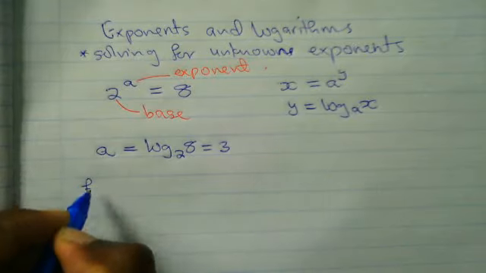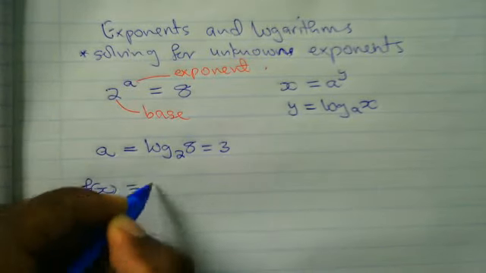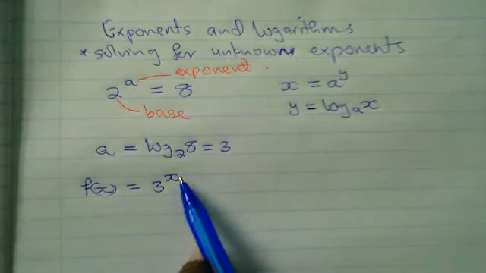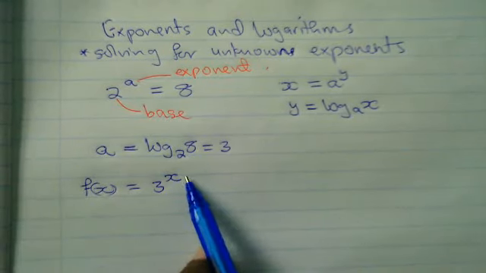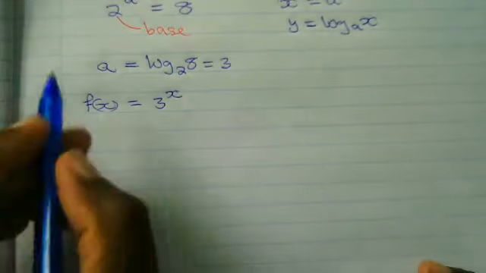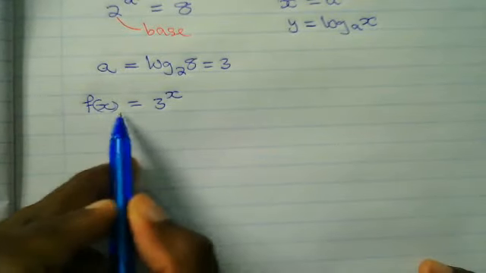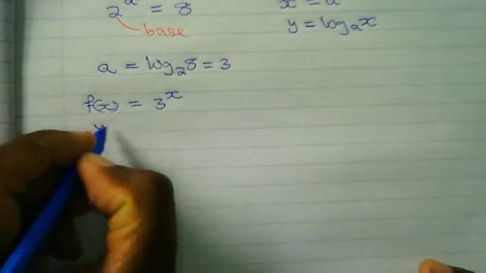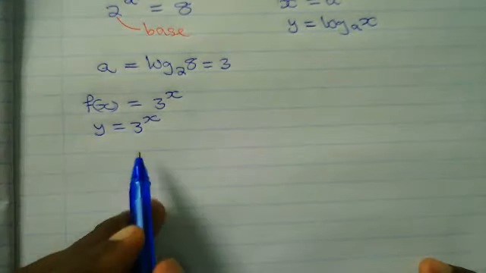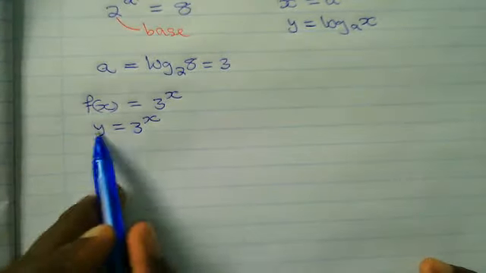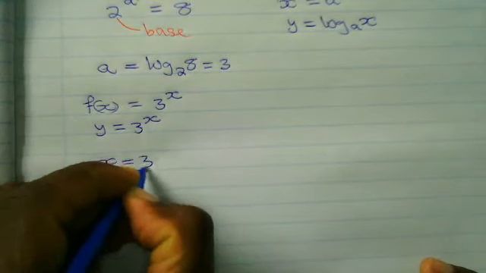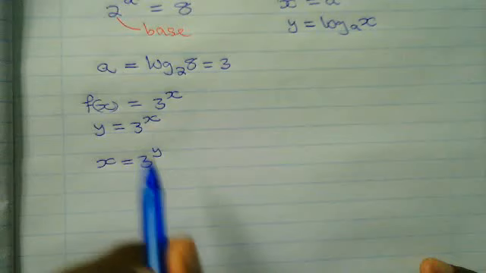For example, if f of x is equal to 3 raised to x, our unknown is on the exponent. The first step to determine the inverse function for this one, write it in terms of y, and then swap the x and the y. So we have x is equal to 3 raised to y.